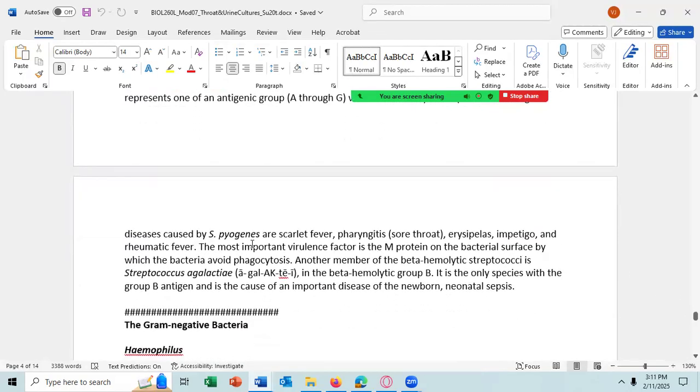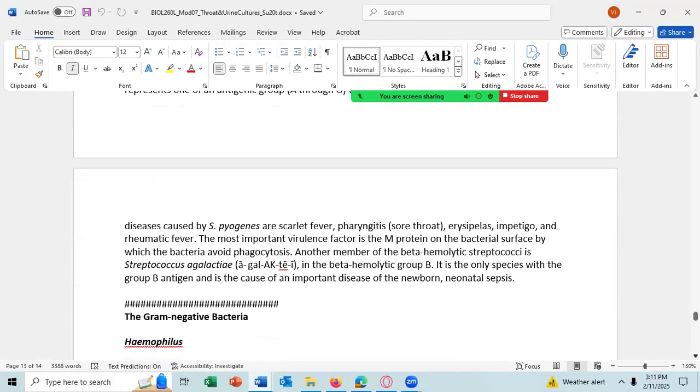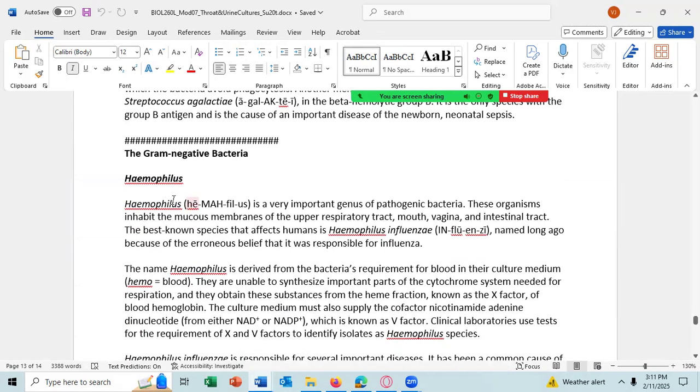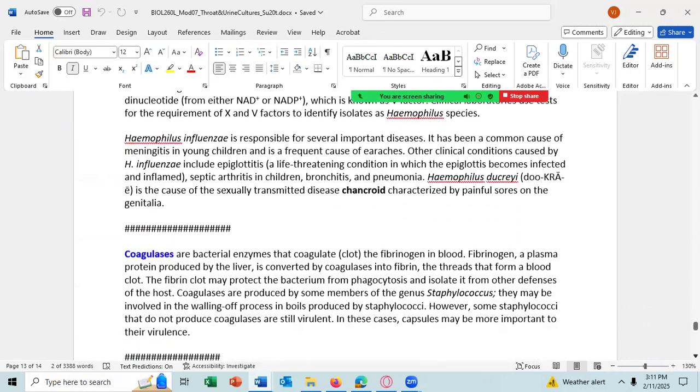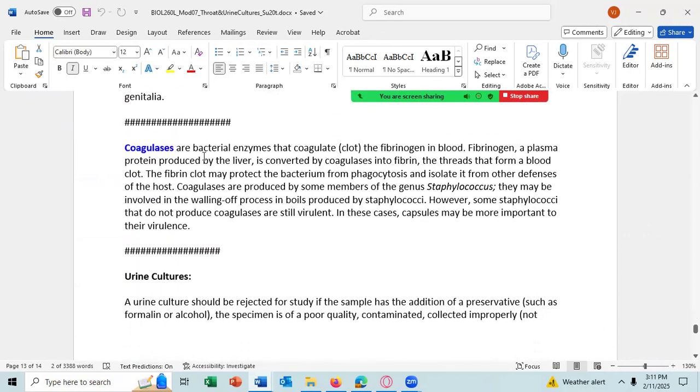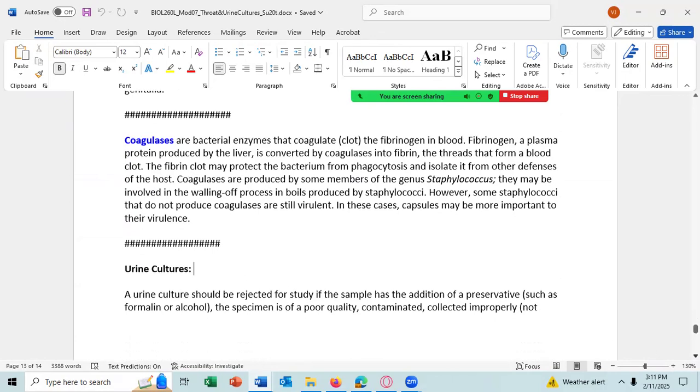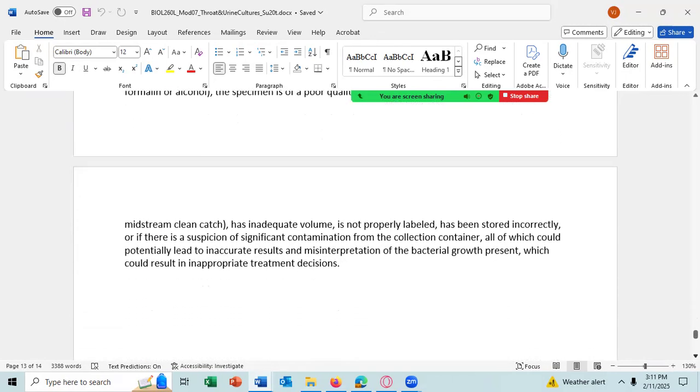And then we're talking about the gram-negative bacteria, specifically the members of the Haemophilus, talking specifically about Haemophilus influenzae. And then lastly, we're talking about the coagulase test, and then urine cultures.